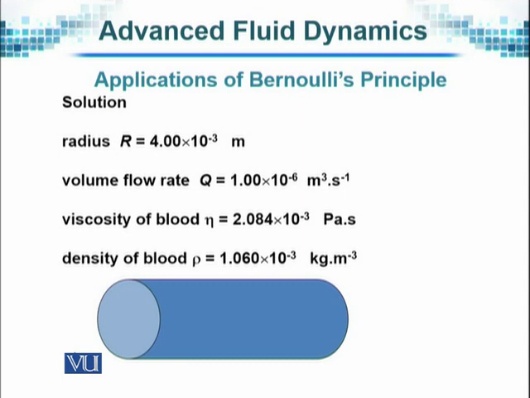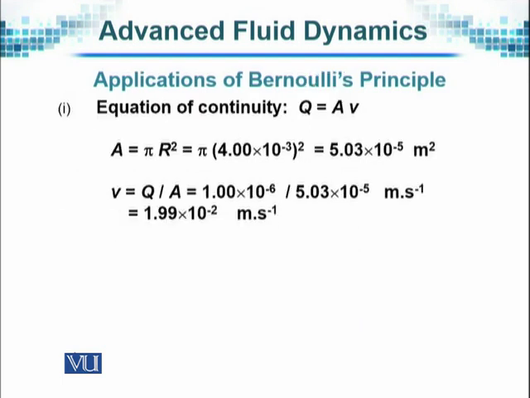Of course, if we need, we can write it in decimals also. And the unit here, again, is Pascal second. For viscosity, sometimes we use poise as the unit, but that is not very common, and instead Pascal seconds are used. Density of blood is 1.06 × 10^3 kilograms per cubic meter. So this is the given data, and we use this data for our calculations.